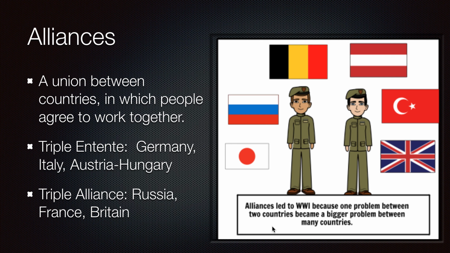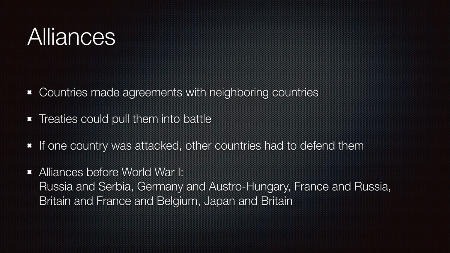That's what happened with World War I, is you just had a bunch of people who were defending each other. So alliances, countries made agreements with neighboring countries, and they made treaties that could pull them into battle. So like I just said, if one country was attacked, other countries had to defend them.